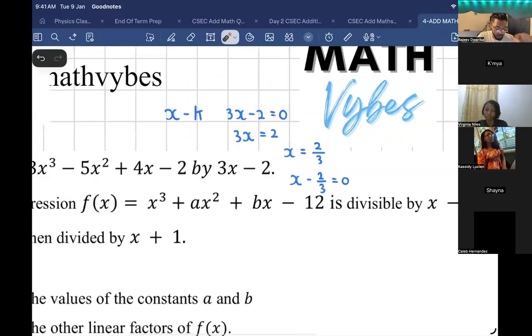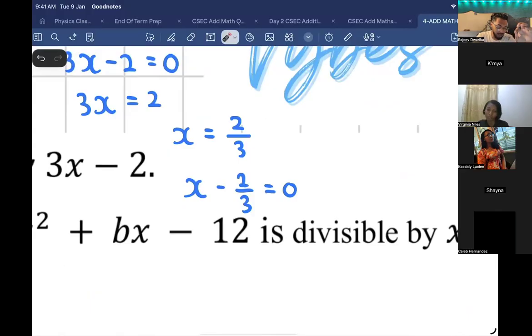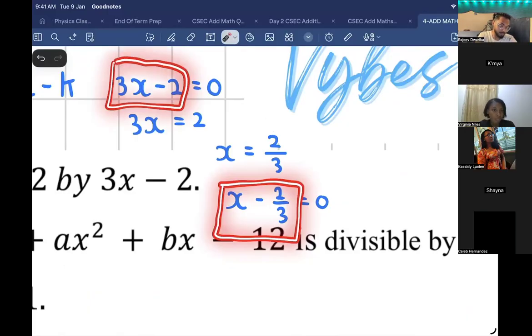So when you do synthetic division with 2 over 3, the result you get is not going to give you the original thing. What would I have to do with x minus 2 over 3 to get back 3x minus 2? What will I have to do?